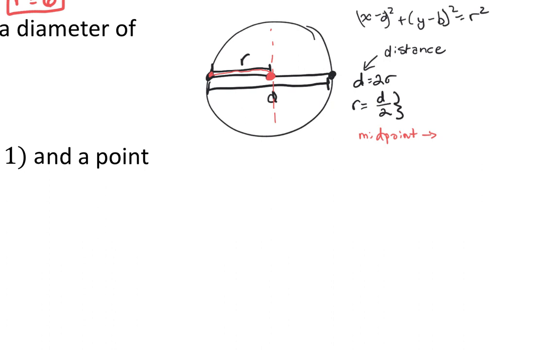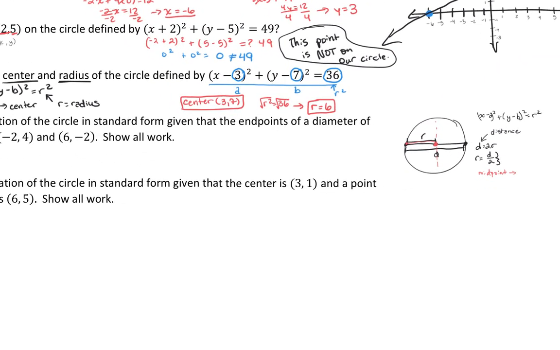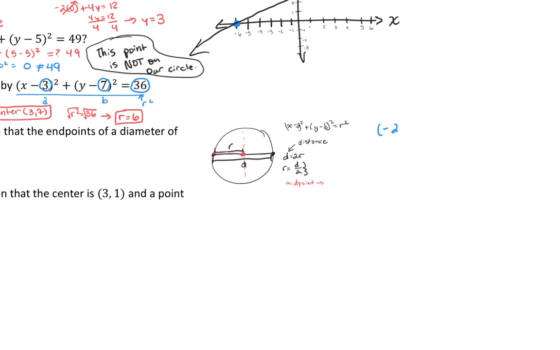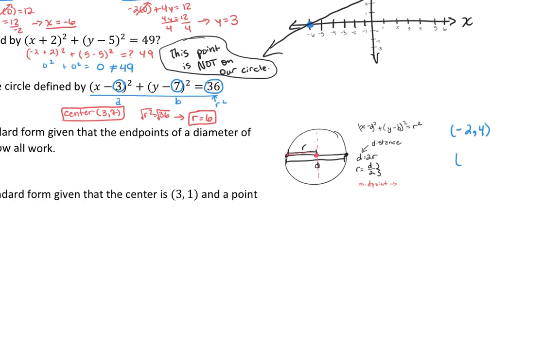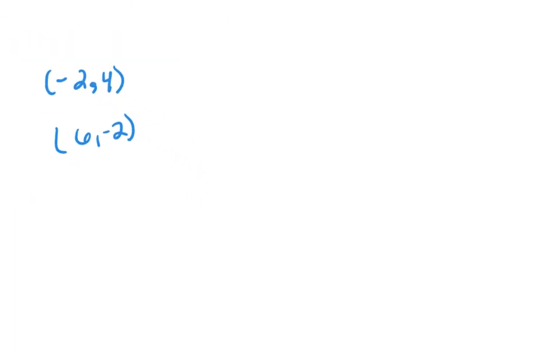So I'm gonna find our midpoint first, just so we can see more or less where it is. So our points are -2, 4, and 6, -2. So we try to find our midpoint here. Remember, midpoint is just the average of our x's and the average of our y's.